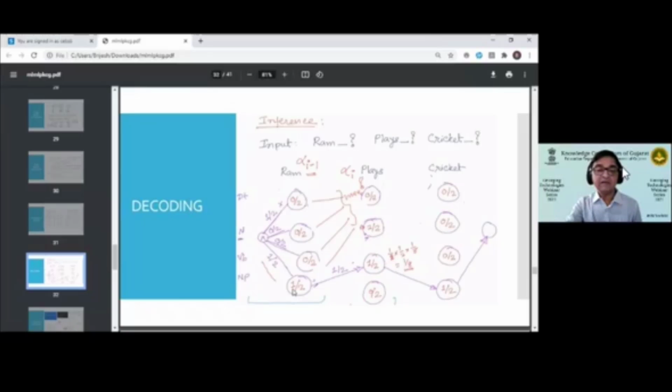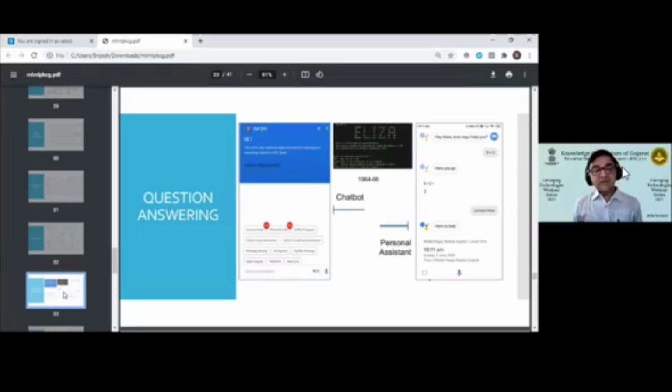At every level, the node which has the maximum probability value is the winner node, and that part of speech will be assigned to the word. This is called the decoding phase of HMM, with a very famous algorithm named Viterbi's algorithm. Those who want to look more into this can refer to Viterbi's decoding algorithm to see how it actually works. Right, so that was the second problem, morphology and part of speech.